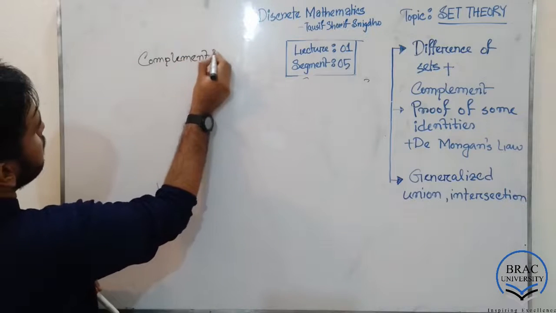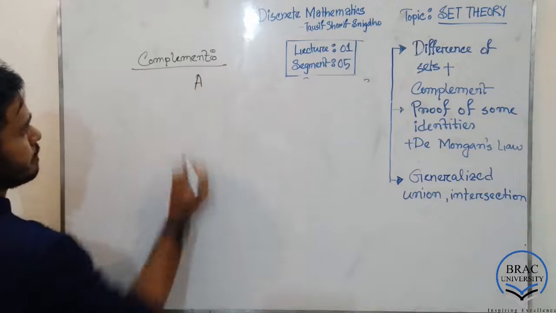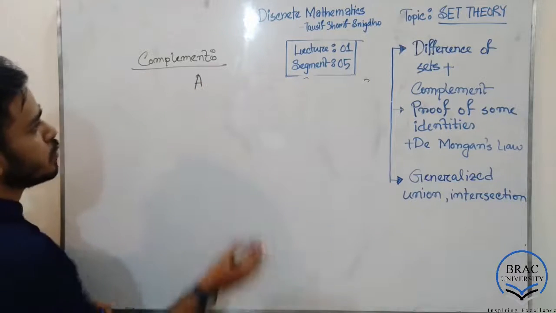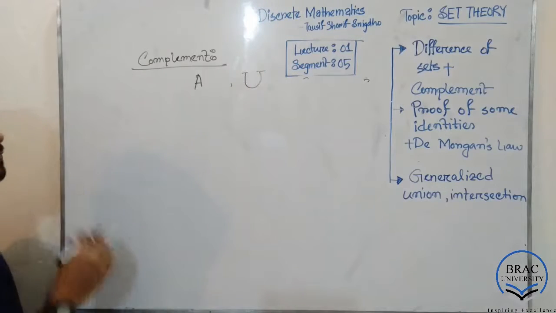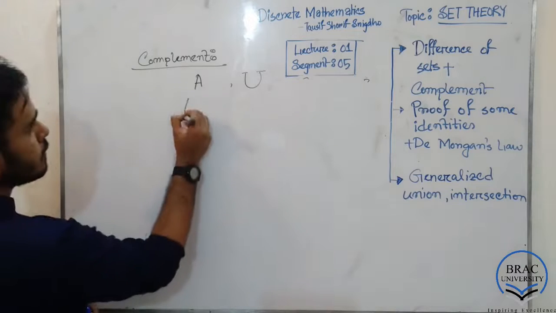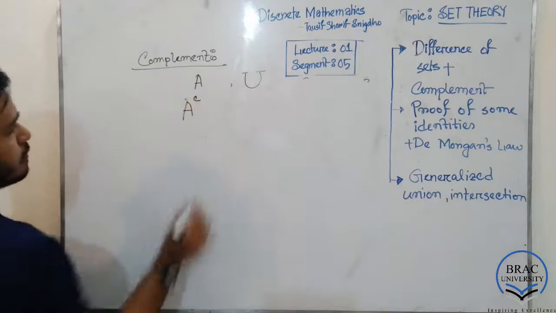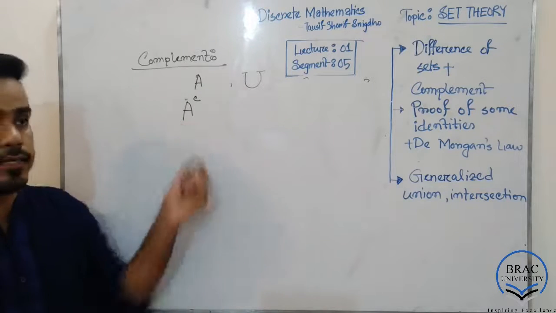Okay, so let's assume a set A for which the universal set is U. Complement of set A is denoted by A^C, right?